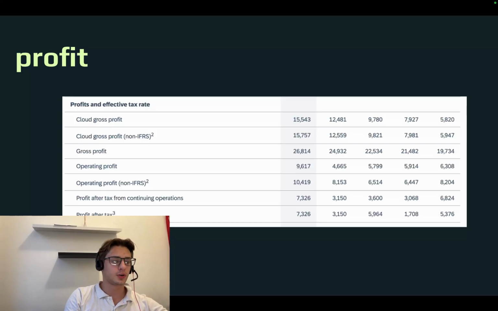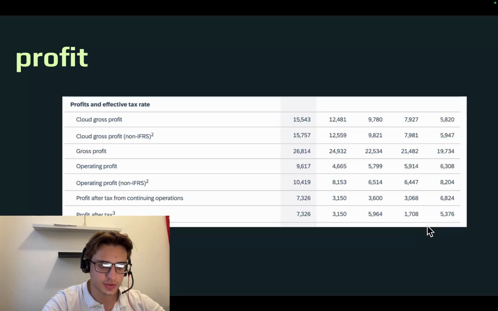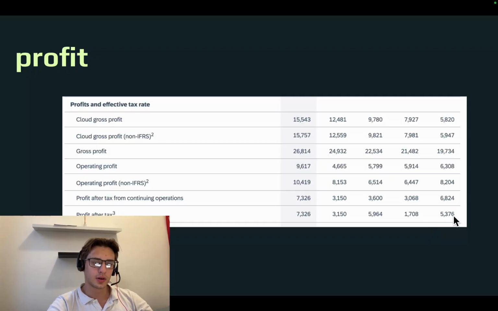But it's also important not to only look at the revenue, but to see the profit, how profitable the company is, because they can make huge revenues, but still have some loss. Let's look at the operating profit, or even profit after tax. It's important. And it was on the same level, basically.